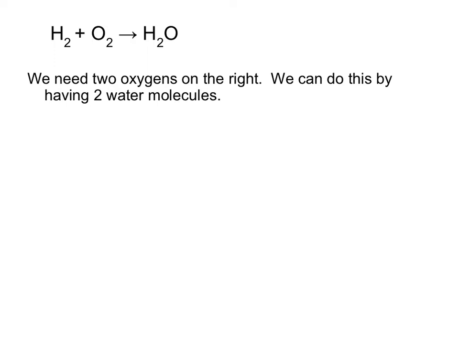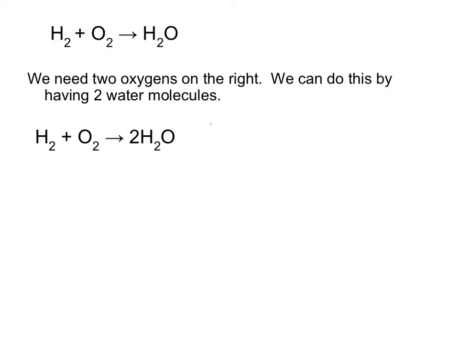And so, we need two oxygens on the right-hand side of the equation. We can do this by having two water molecules. So if I have two H2Os total, I now have two water molecules. Let's write out the whole equation so we see that very clearly.